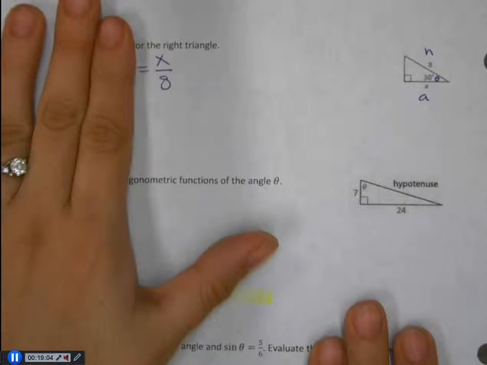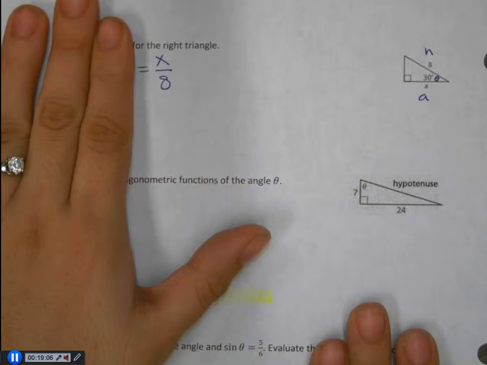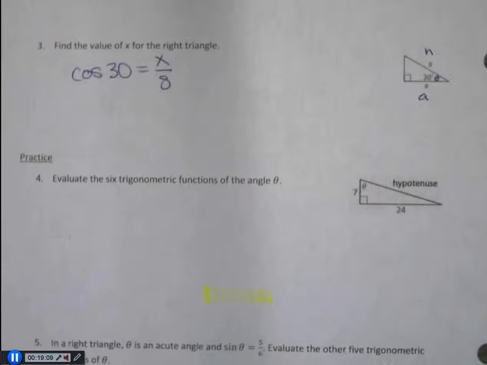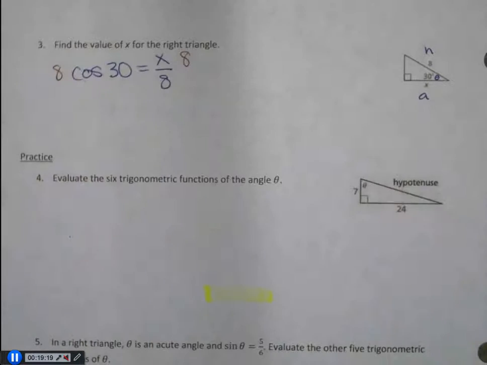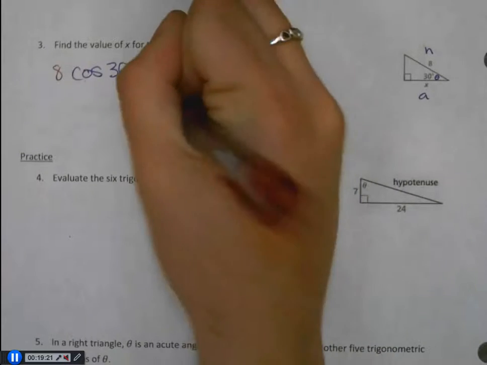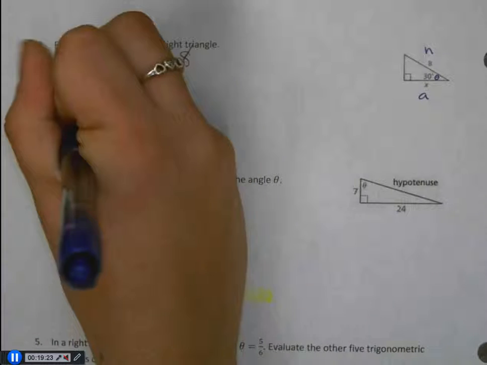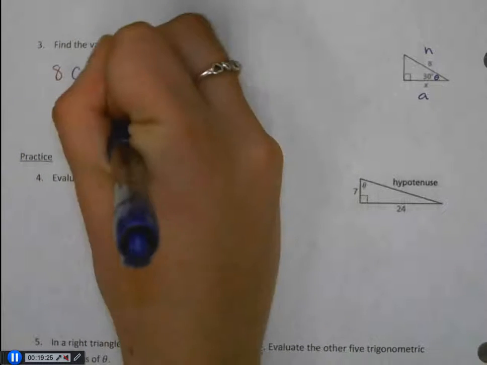So how would I get x by itself? Yeah, so I'm going to multiply by 8. This cancels out over here. And then on the left side I have 8 cosine 30.